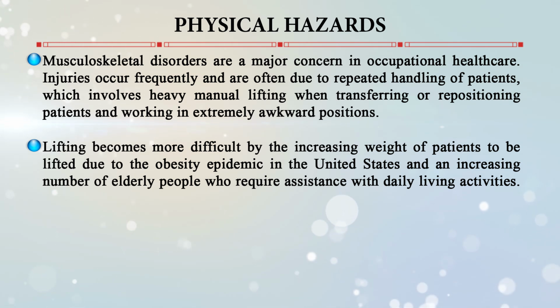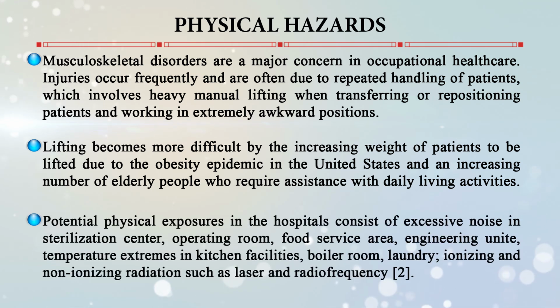Potential physical exposures in hospitals mainly include excessive noise in sterilization centers, operating rooms, food services areas and engineering units, temperature extremes in kitchen facilities, boiler rooms and laundries, and also ionizing and non-ionizing radiation like laser and radio frequency.